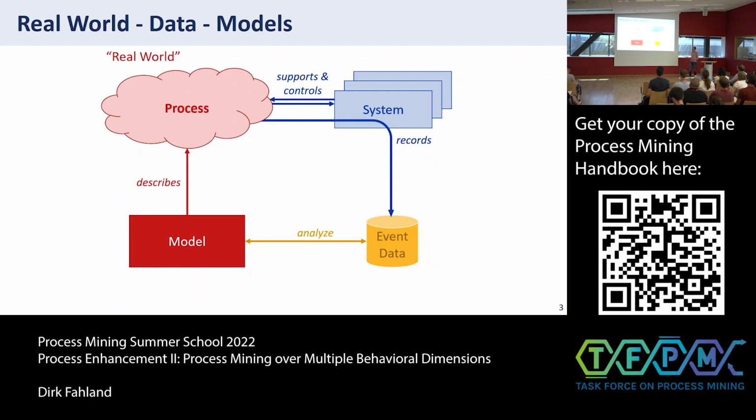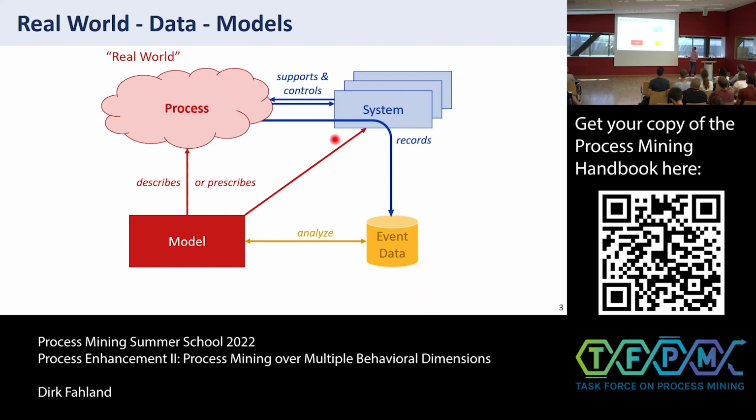Discovery, conformance checking, right? It goes both ways. And these models are meant to describe the processes in reality. If they're good enough, then we also shall prescribe how these processes are supposed to run, either in a fuzzy way or maybe even as implementation models to the systems. Well, this is the world that you've been looking at over the last 2 days. There's actually a picture by Will van der Aalst that I'm adopting here.